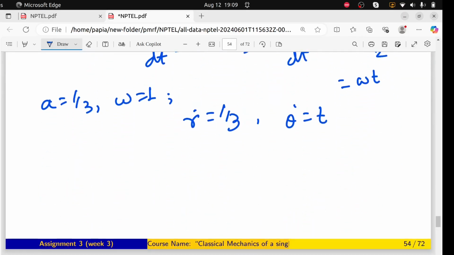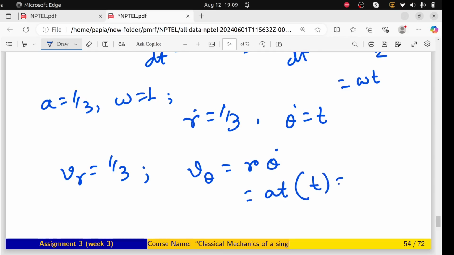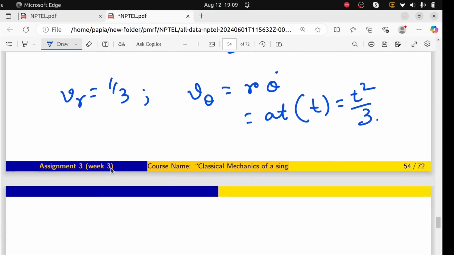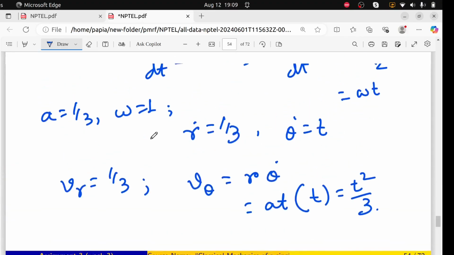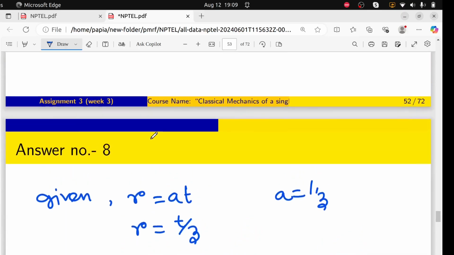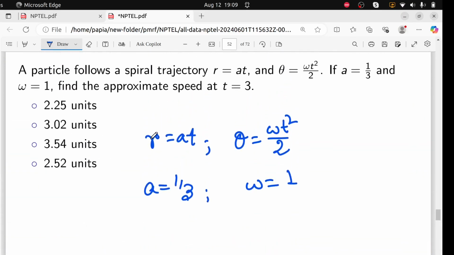So I can have VR equals to 1 by 3, V theta equals to R theta dot, so R is At into t, so t square by 3. Now our V is root over Vr square plus V theta square, and they are asking t is 3.